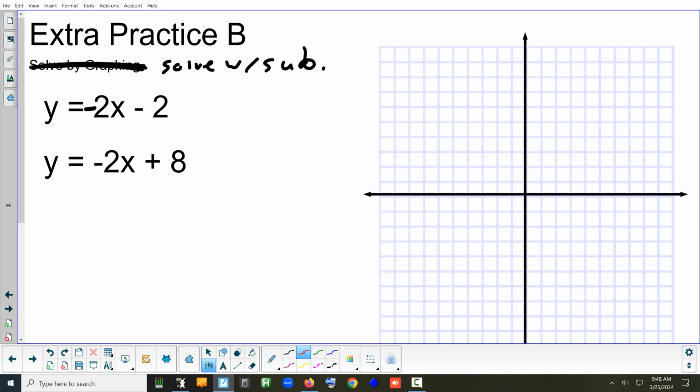We're going to put parentheses around the y and the bottom, around the 2x minus 2. Yep. No multiplying. You put them in for the equation on the bottom. You're going to take the formula for y in the top and you fill it into the one in the bottom.